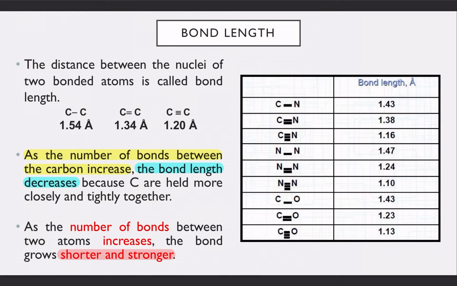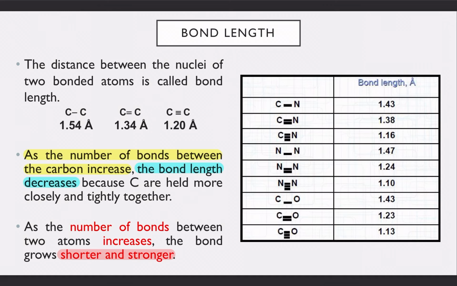It's like rubber. The more the number of bonds between your carbons, for example here, the bond length will decrease. Here we can see the bond length in angstrom. Your bond length for carbon-carbon triple bond is the shortest, because the triple bond is very much shorter and stronger.